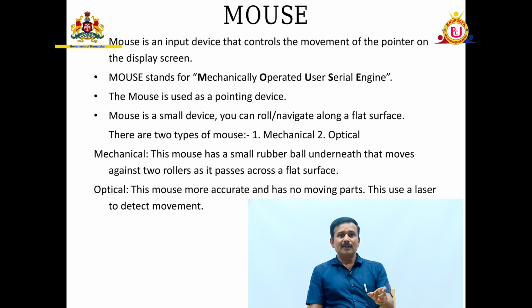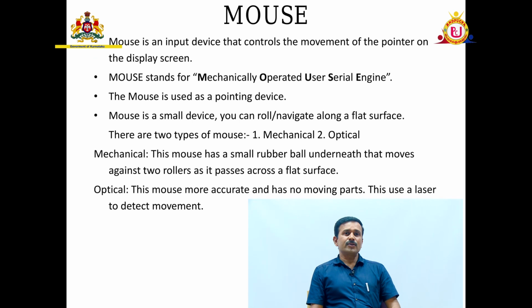If we drag on the surface of the table or a mouse pad, automatically the same distance will be carried on the monitor too. One roller represents the direction of motion and another roller represents the displacement, the distance, how far we are moving at the bottom. Using that technology, the mechanical mouse operates.